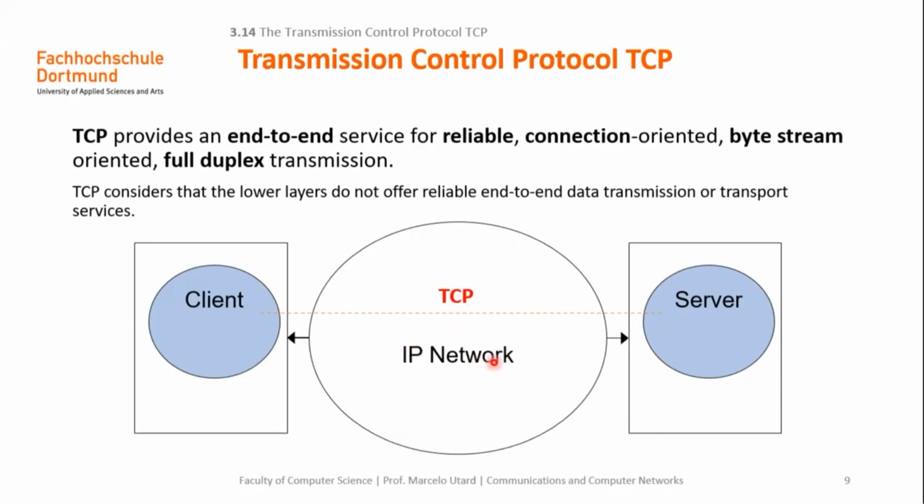Remember that IP networks don't guarantee the correct transmission of the data across the network. There is no guarantee of the transmission to the end system, nor of the order, nor of the errors that could happen during the transmission across the network, or the sequence of the messages.